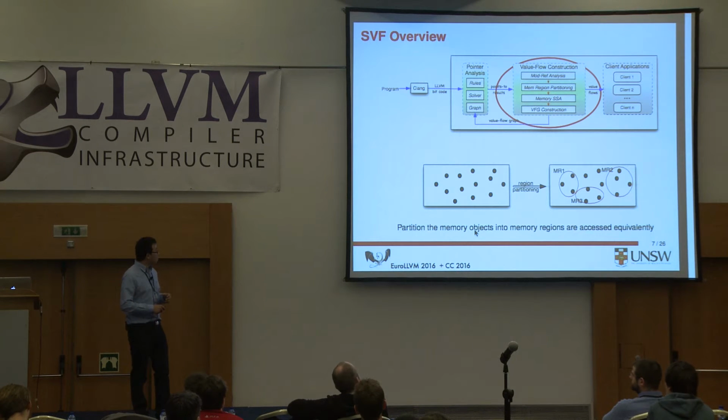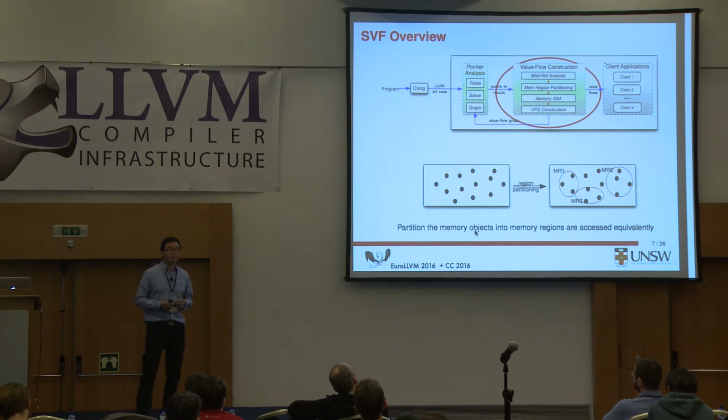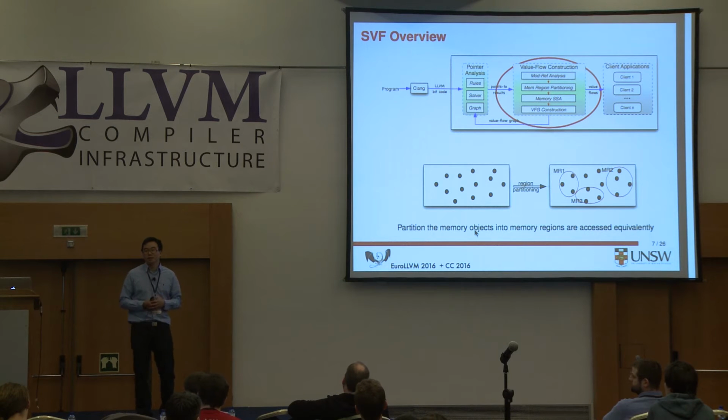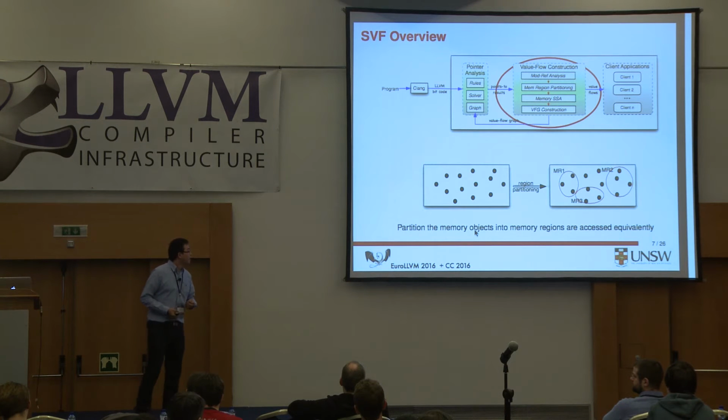The most conservative memory partition is that we treat all the memory objects like a single memory region. In this case, when you modify an object, it means other objects will be affected. The most fine-grained way is to treat each memory object as a single memory region. In this case, it's not that cost-effective. So the better way would be to partition the memory objects into memory regions that are accessed equivalently.